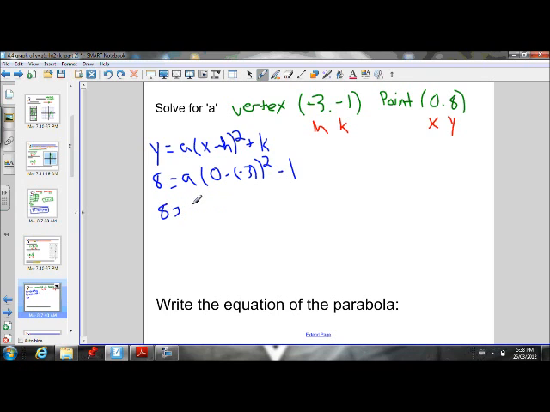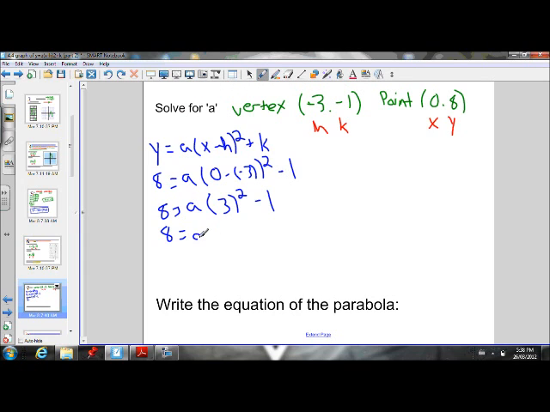8 = a(0 - (-3))² - 1. 0 minus -3 means 0 plus 3, which is 3. Simplify further, 8 = a(3)² - 1. 3 squared is 9, minus 1. Let's write this in brackets so we know that we're not supposed to do 9 minus 1. We have to remember our BEDMAS rules.